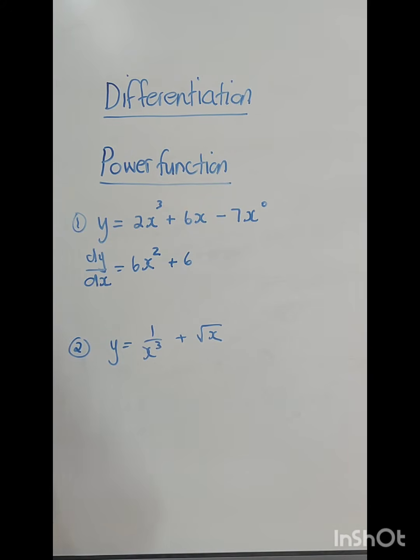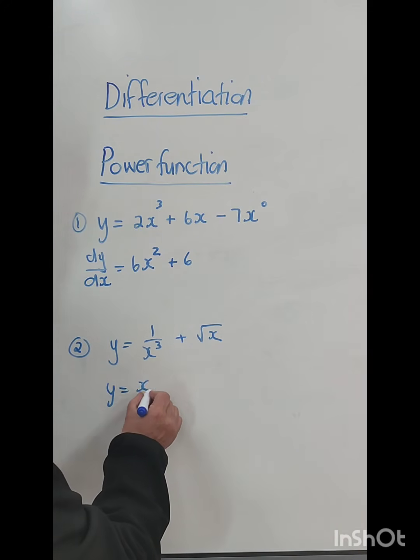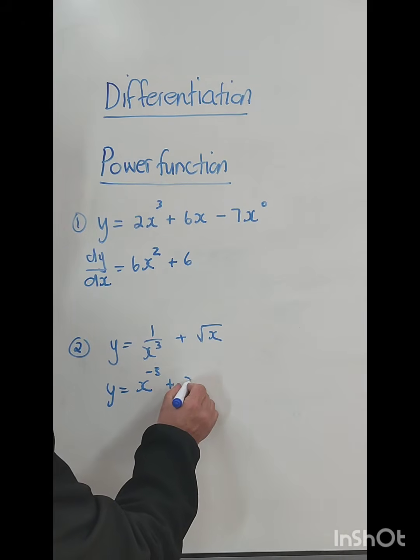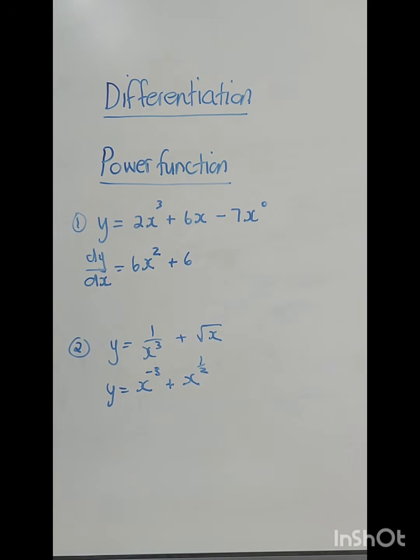If I go to another term, you must always make sure that your equation is in its simplest form before you differentiate. So I can rewrite this equation as y equals x to the minus 3 plus x to the exponent of a half. Now everything is on the same line, and I can start my differentiation.